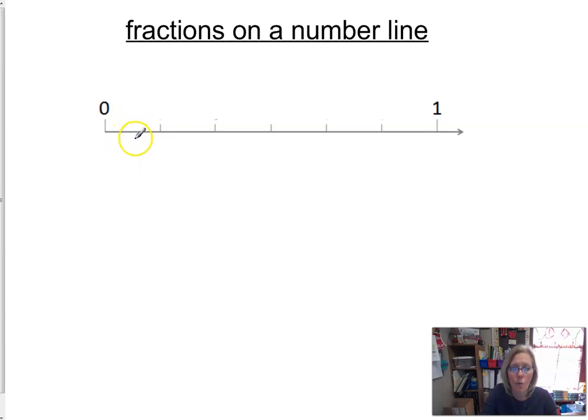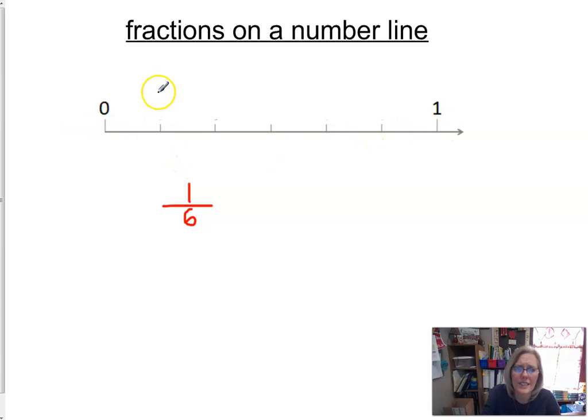So I have 1, 2, 3, 4, 5, 6 spaces. That means that this number line is numbered with sixths, okay? Because there are 6 spaces between 0 and 1.